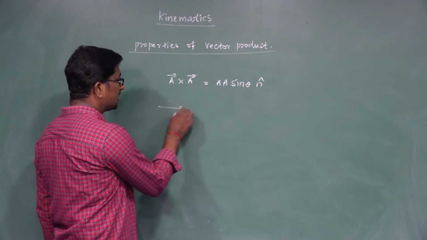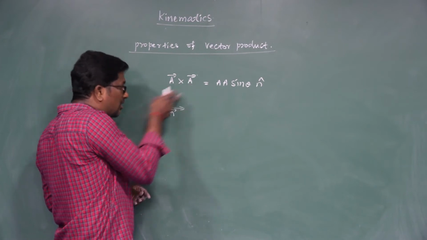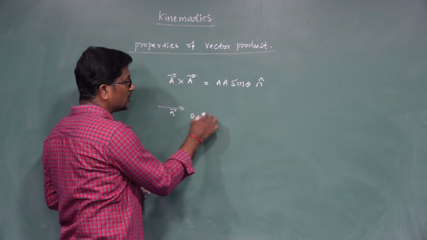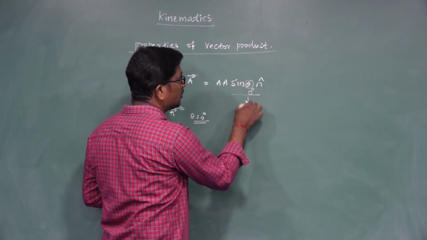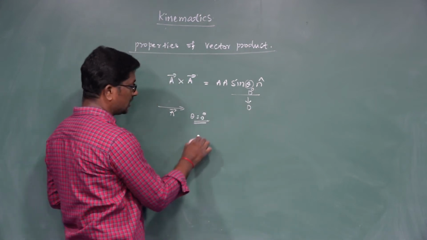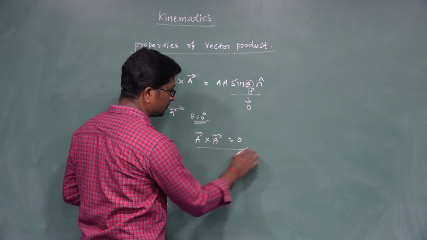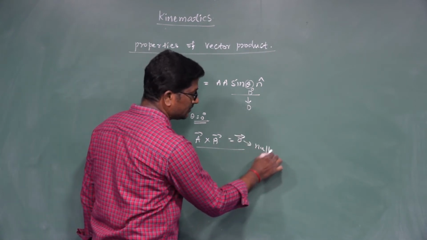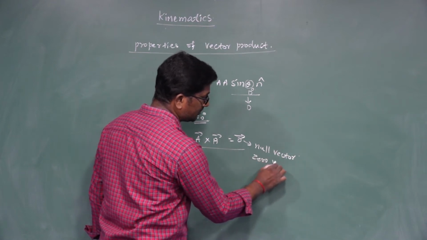Suppose the A vector is acting along this direction, and this A vector is also acting in the same direction. So theta value is 0 degree, which means sin theta value is 0. Therefore, A vector cross A vector is 0 vector. So this is called null vector, or 0 vector.